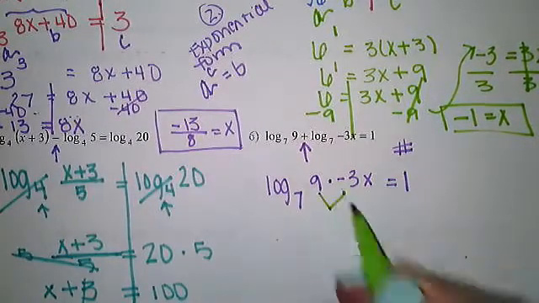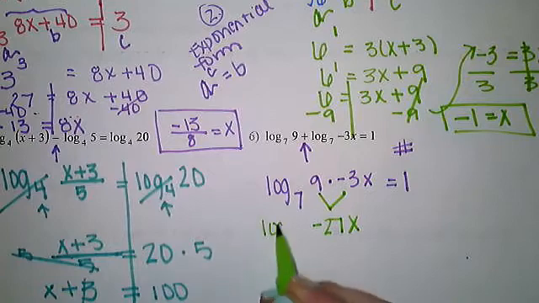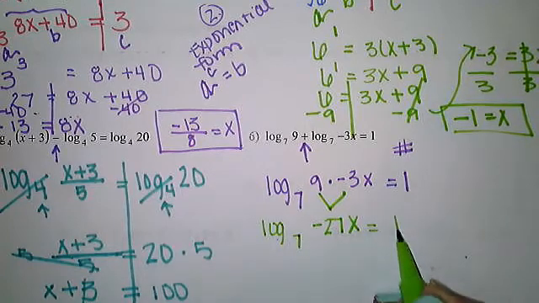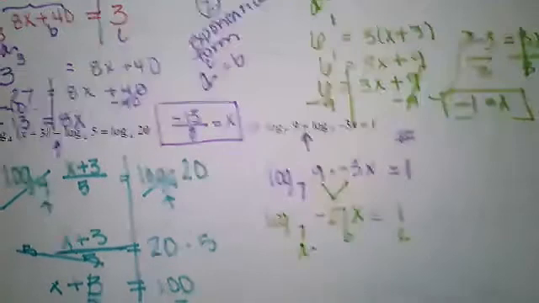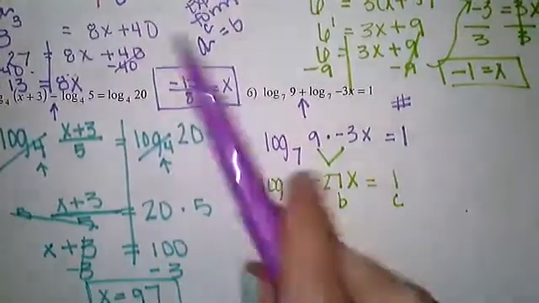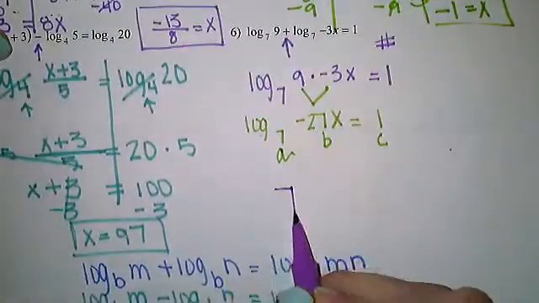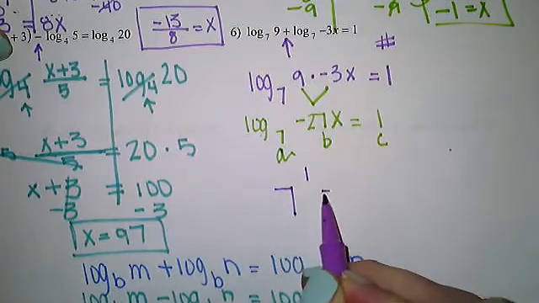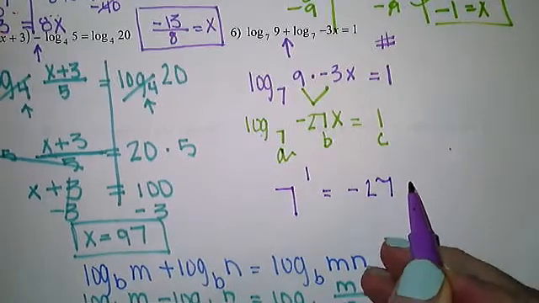Before I do that, let's go ahead and make this a negative 27x, so it's easier to solve. And then I can label it with my A, B, and C, and go into an ACB form, which is 7, 1, and B by itself, negative 27x.